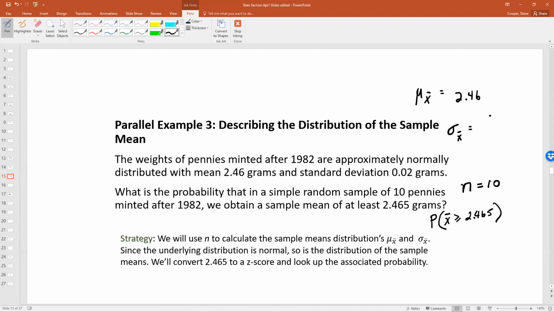It's going to be the old sigma of 0.02 divided by the square root of our sample size, and that's 10. That turns out to be about 0.0063.